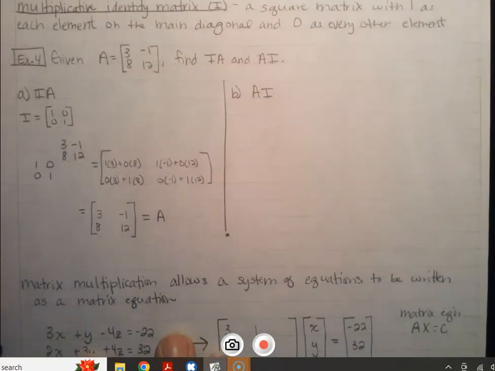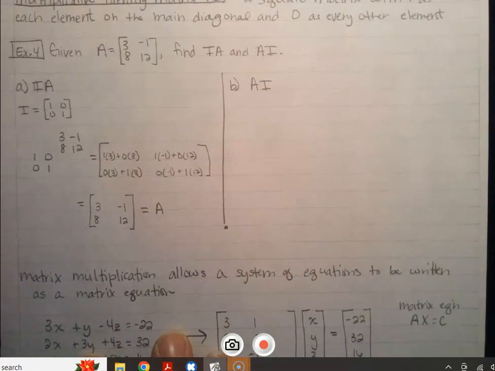Example 4 says, given matrix A, find IA and AI. First of all, I identified my I.